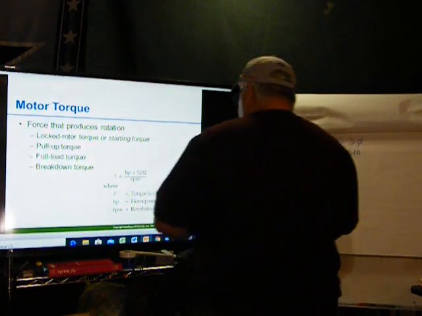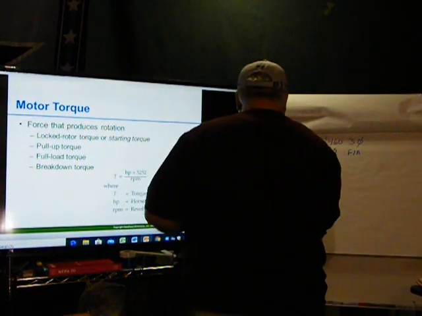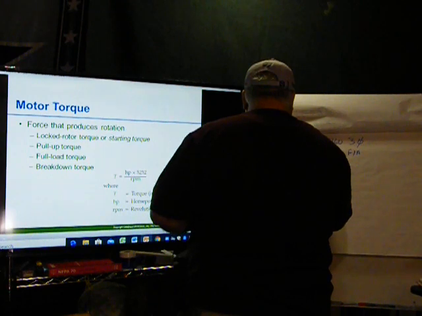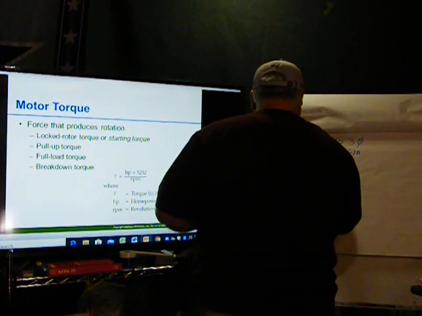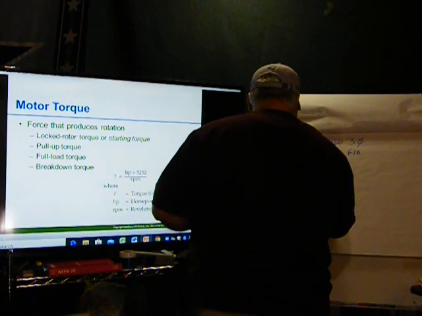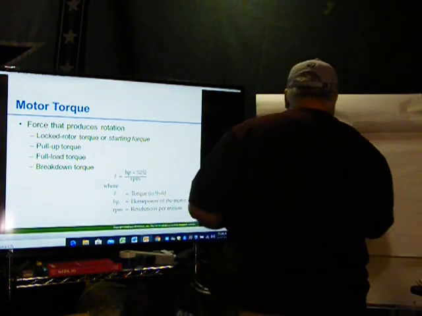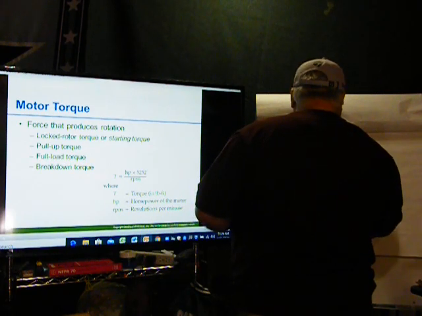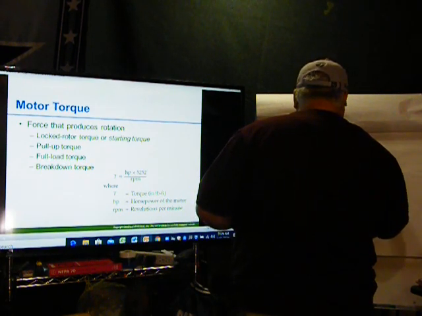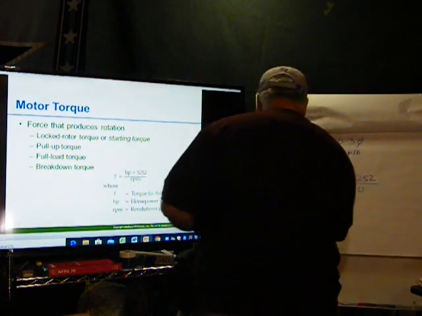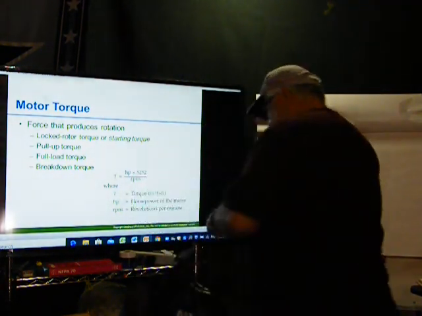So our formula, T equals horsepower times 5252 divided by the RPM. So my horsepower is 3, times 5252, divided by my RPM, that's 1760. T equals, let me get my calculator.